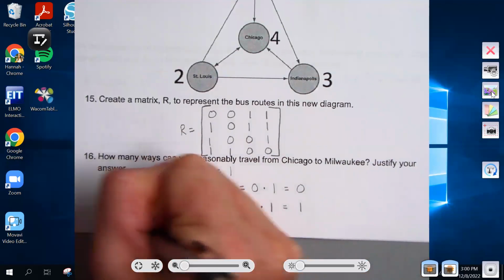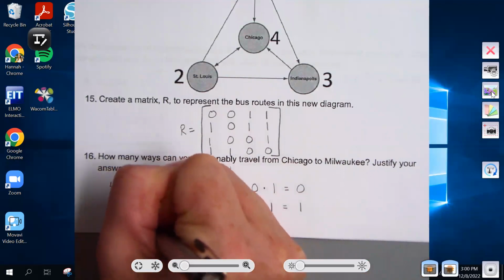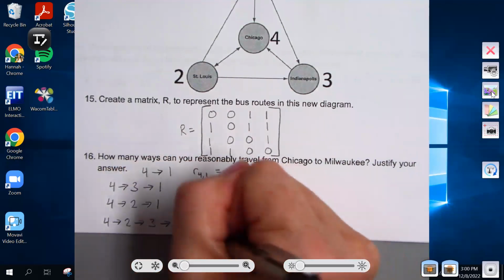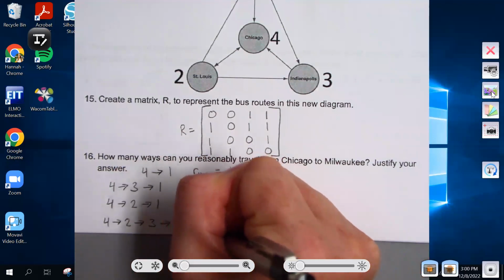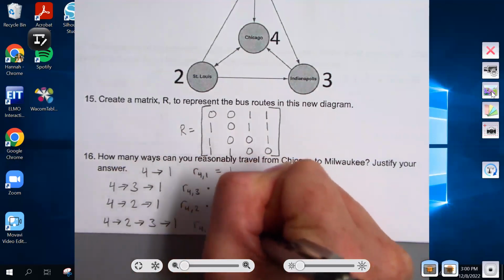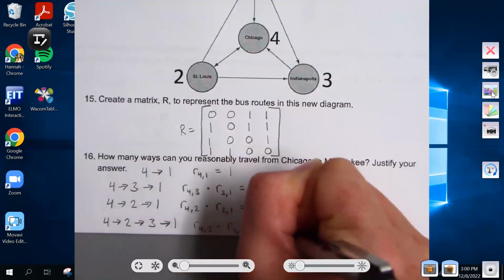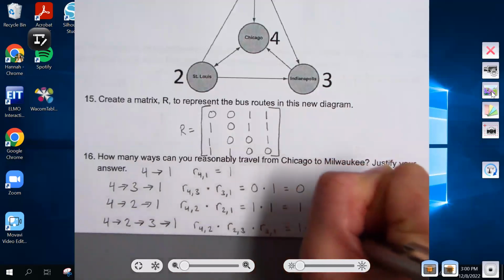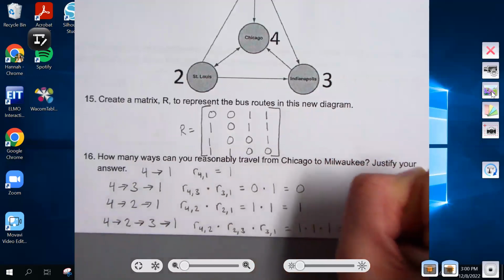We could go 4 to 2 to 3 to 1. Using the matrix would be R42 times R23 times R31. That is 1 times 1 times 1, which is 1.